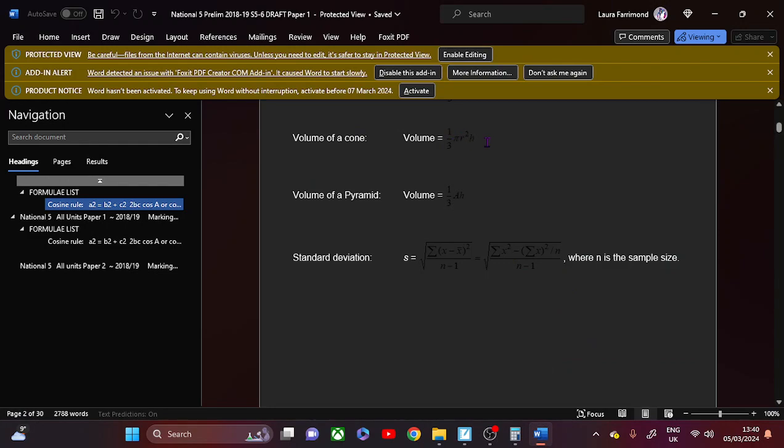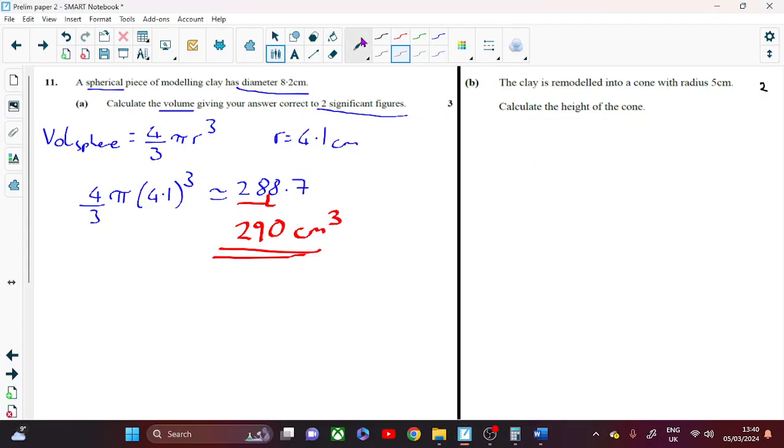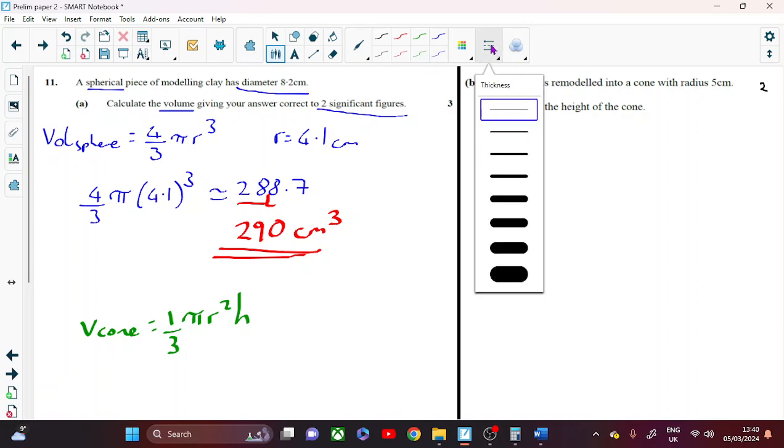Volume of a cone, I don't know if you can see that, it's 1/3 pi r squared h. So I will write that down here. Volume of a cone is 1/3 pi r squared h, and we're going to use that fact up here.